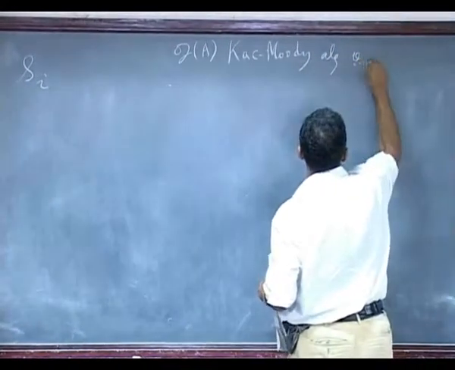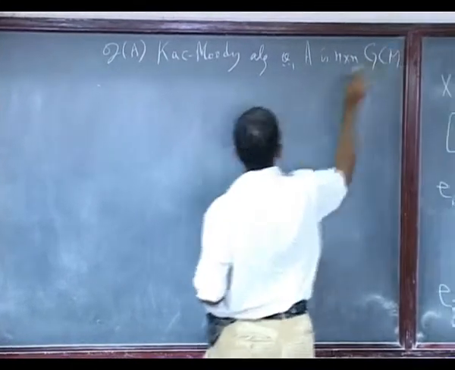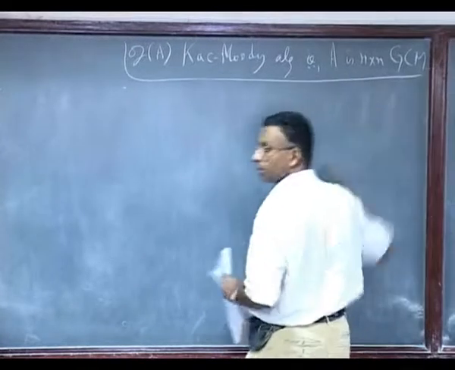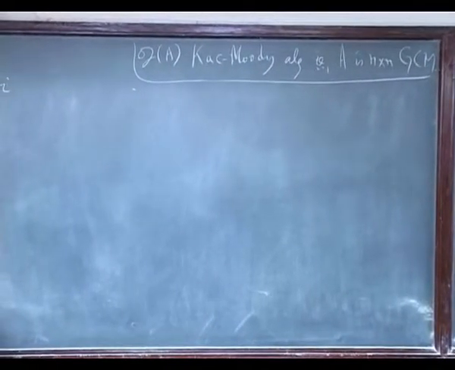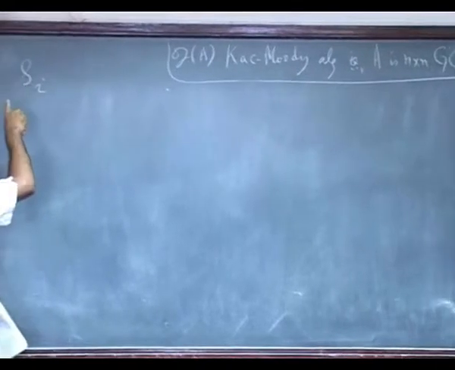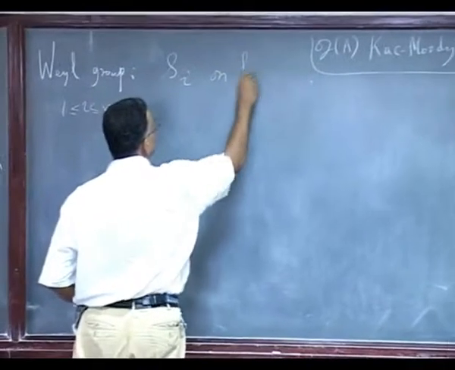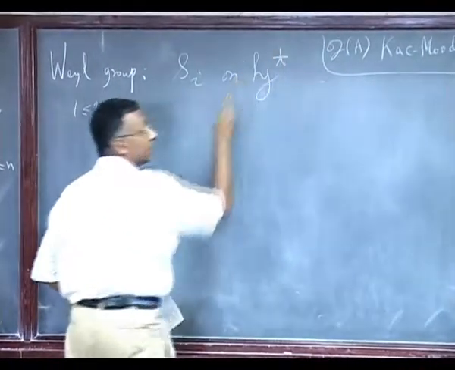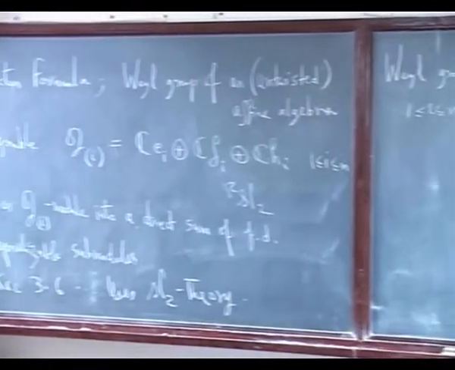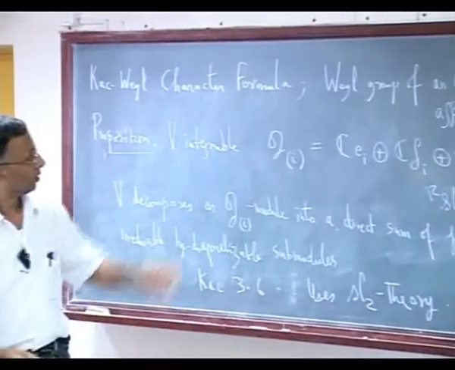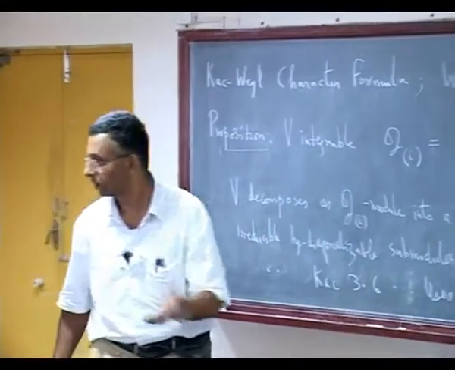That is, A is an n cross n GCM. So I am going to define the so-called simple reflections on H star, and then claim that my Weyl group is the subgroup of the general linear group on H star generated by these elements.